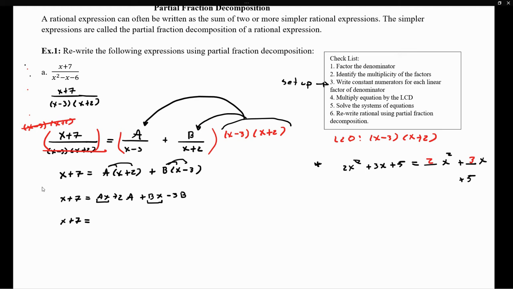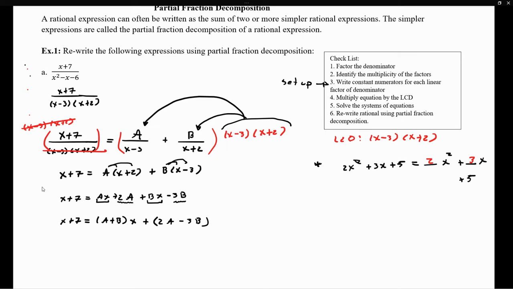So if I group them and take out an x as a factor, I'm going to have A plus B times x. I just factor out the x. Plus, notice that I still have these 2 terms. They don't have an x on them, therefore I can just treat them as if they were a constant. So 2A minus 3B.